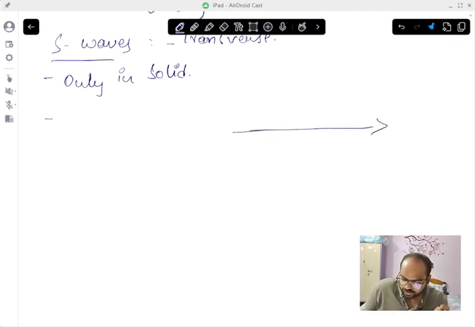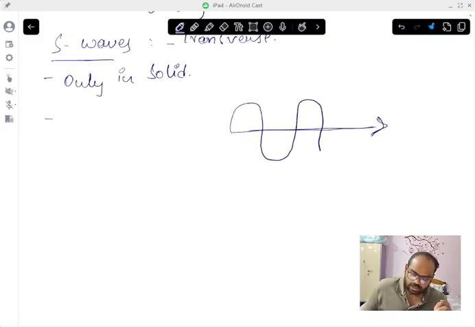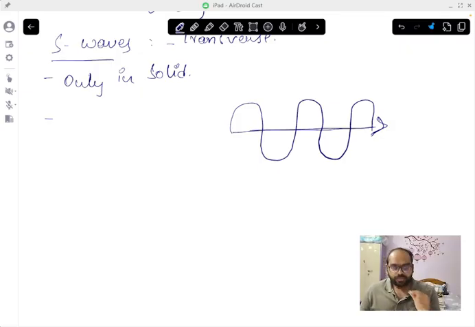Okay. See, we said that they are transverse waves. And how would the material movement be? This is the direction of the propagation of the wave, the direction in which the wave moves. And the material moves perpendicular to this propagation.